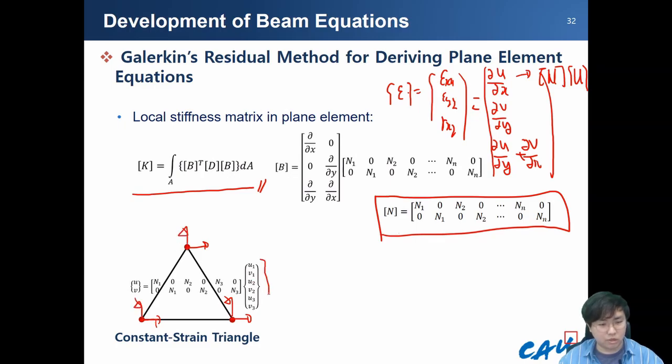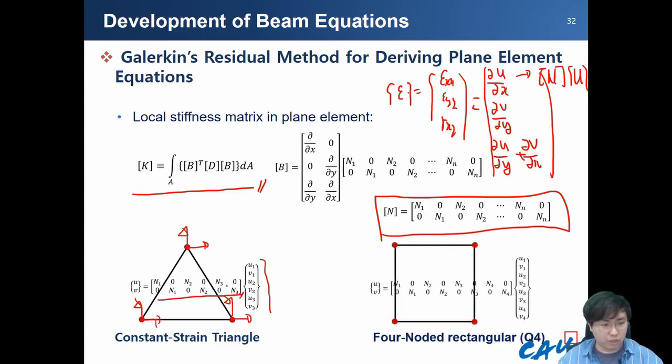At that time, our force vector looks like this, and shape functions N1 to N3 are used. When we use a 4-node element, we should use N4, four different shape functions, that is, interpolation functions.